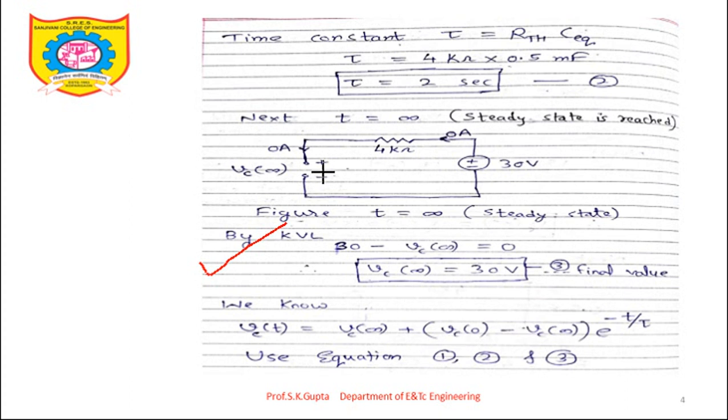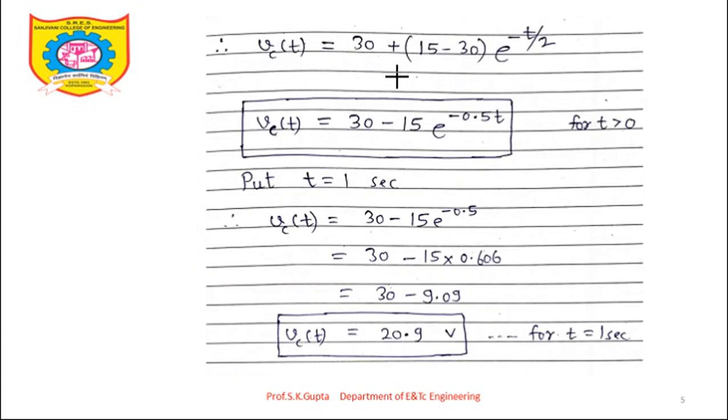So 30 plus 15 minus 30, times e raised to power minus t by 2. 15 minus 30 is minus 15. This is the voltage expression for t greater than 0.